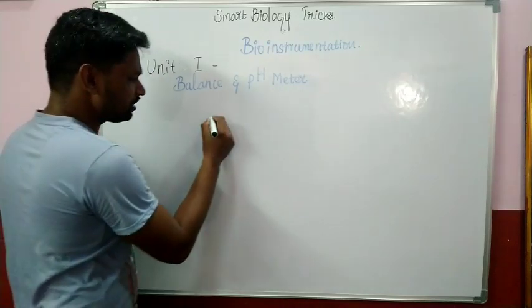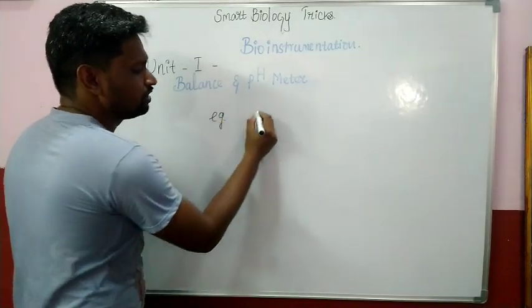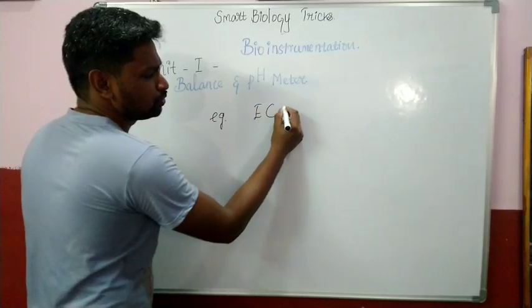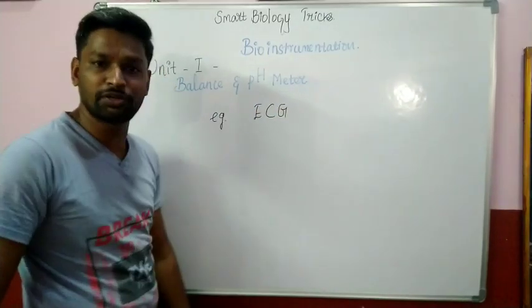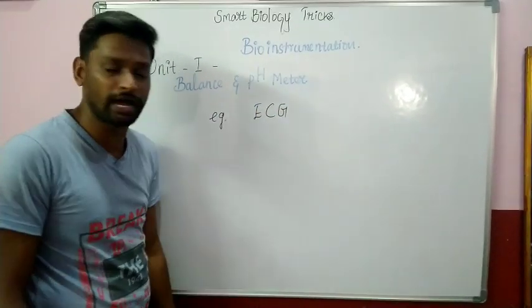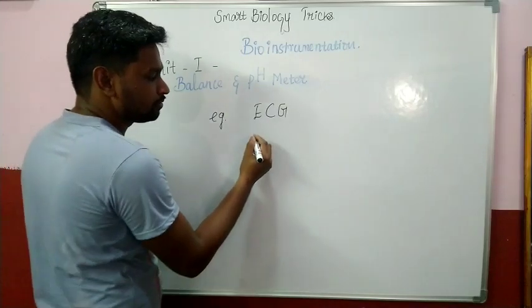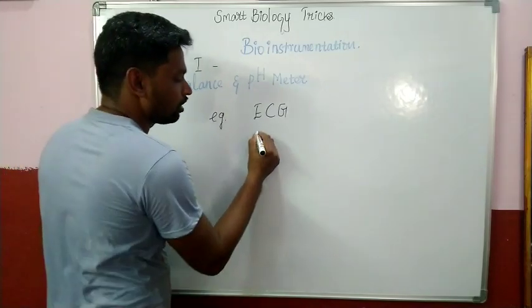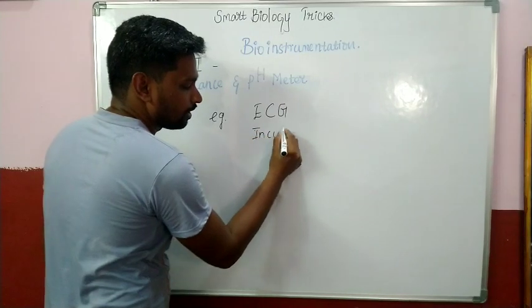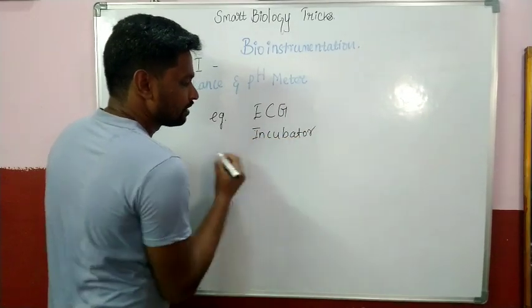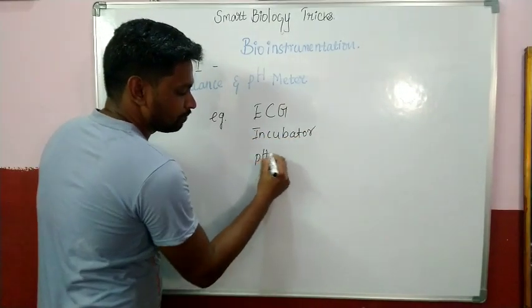Some examples of instruments in the biomedical area: you might know the instrument called ECG, electrocardiogram. Basic instruments used in biological research are the incubator and the pH meter.